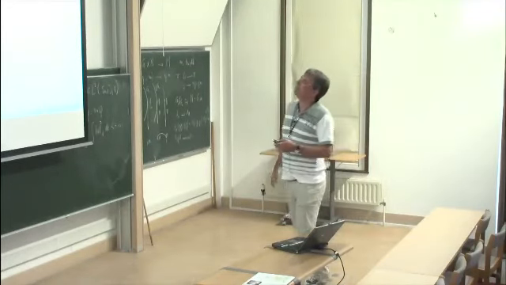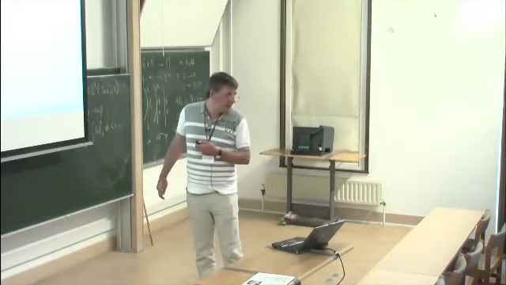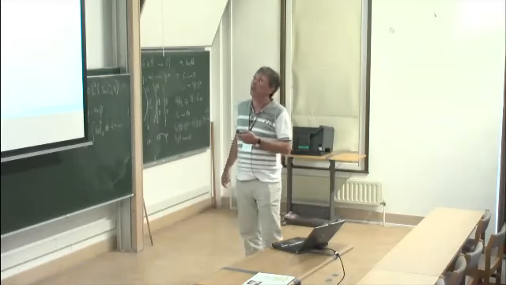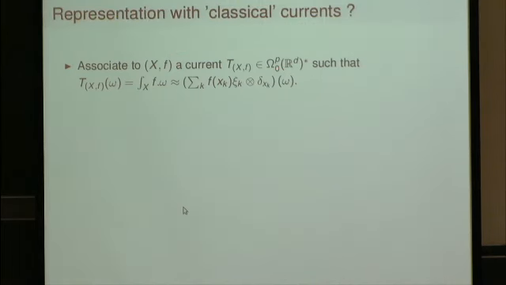In fact, the answer seems to be yes if the signal is scalar valued, because for any pair (x, f), where x is a manifold and f is a signal, we can build a current associated with this by just integrating omega on x, using a weighting factor f. This defines a current, and it uniquely defines this pair, in fact.